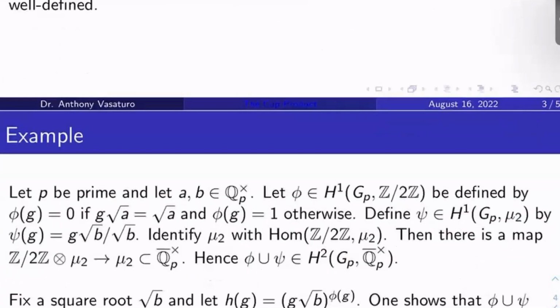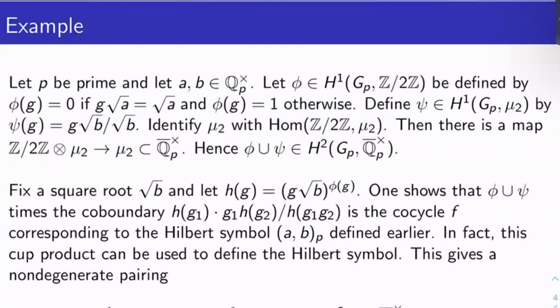Okay, so let's look at an example of this in practice. So let p be a prime, and let a and b be in Q_p cross. Let phi be in H^1(G_p, Z/2Z) be defined by phi(g) is 0 if g(root a) is root a and phi(g) is 1 otherwise. Then we'll define psi in H^1(G_p, mu_2), where mu_2 is the second roots of unity, by psi(g) equals g(root b) over root b.